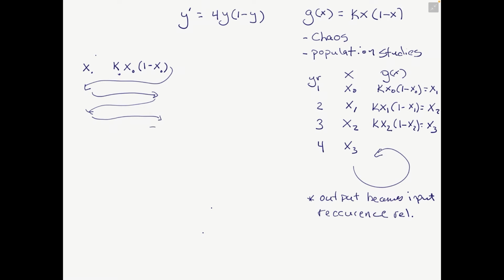So it goes back and forth in this recurrence relationship.